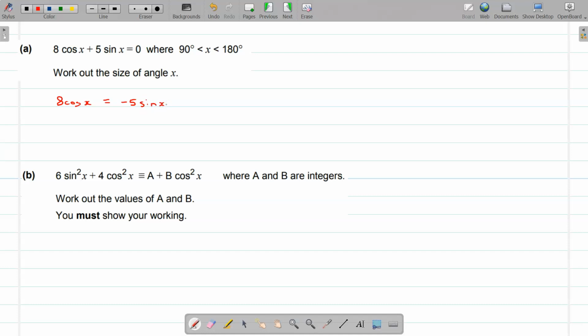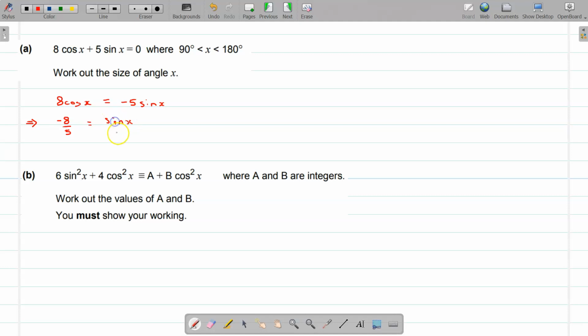Okay, if you divide both sides by cos x, and you can cross multiply effectively by making 2 fractions, it's the opposite of cross multiplying really, you can see that it follows from that 8 over minus 5, or minus 8 over 5, would be the same as sine x over cos x.